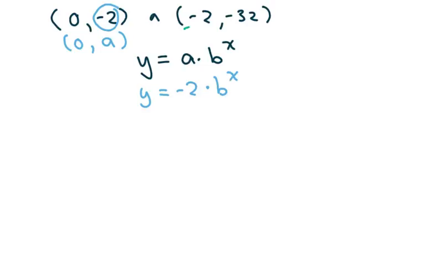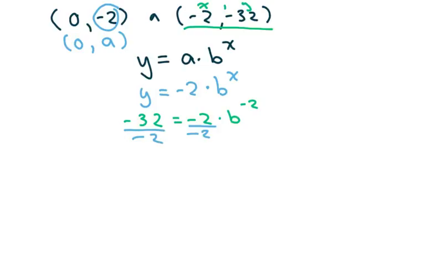Now I'm going to use the other point to plug in my x and my y. So my y is -32, and my x is -2. The first thing I'm going to do is divide both sides by -2. So I get 16 equals b to the -2.